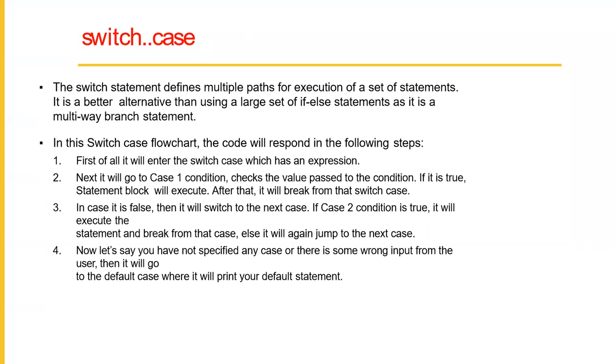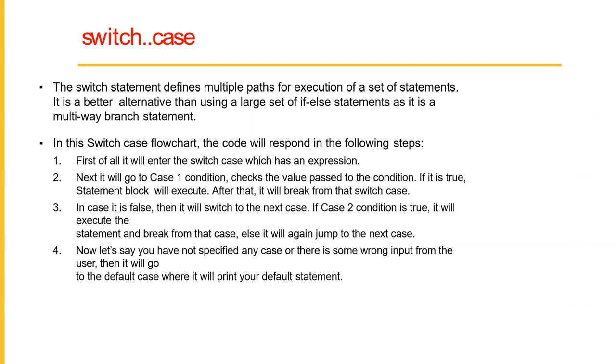First of all, it will enter the switch case, which takes an expression. The expression should be a constant expression, and it will go to case 1. If your expression has a 1, then it will go to condition 1. It will check the value and pass the condition. If it is a true statement, then it will execute.